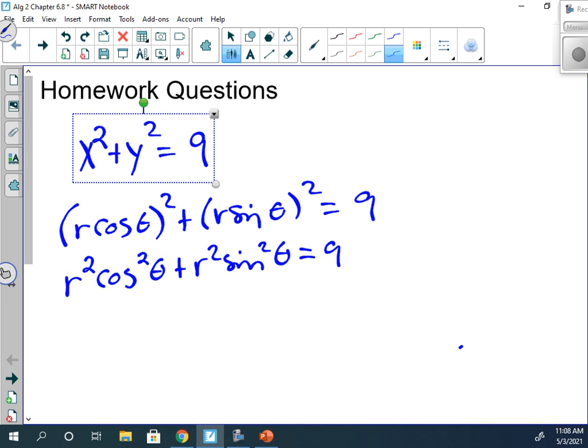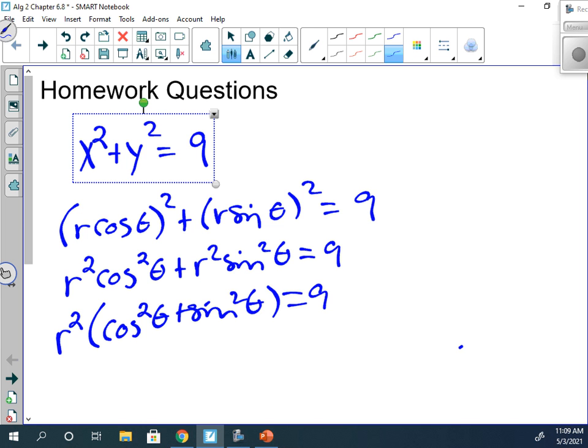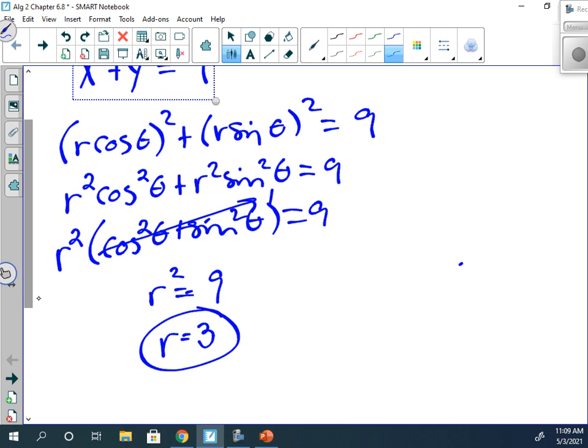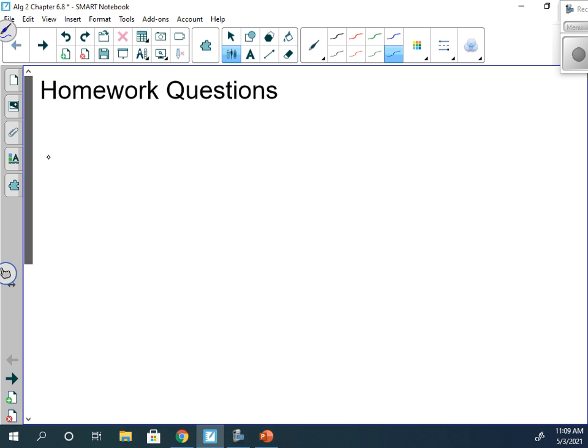I can factor out the r squared: r squared times cosine squared of theta plus sine squared of theta equals 9, yes? Pythagorean identity: cosine squared plus sine squared is always equal to 1. So r squared is equal to 9, or really r is equal to 3. And that's our equation. So that's the other way we can do it.